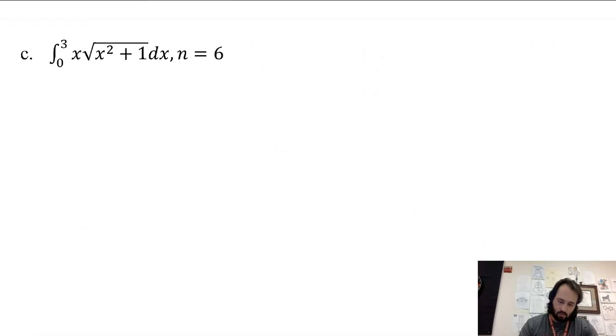So here, my heights are all going to be 1/2, because if I do the difference between the interval from 0 to 3, and if I want to divide that up into 6 equal intervals, each interval will be 1/2. So there's my height.